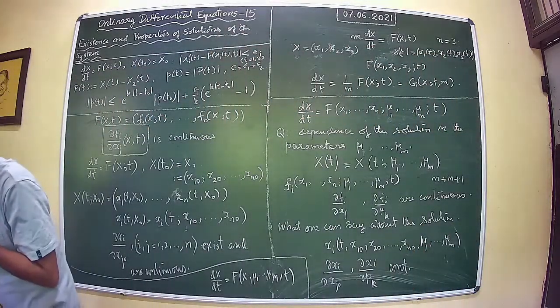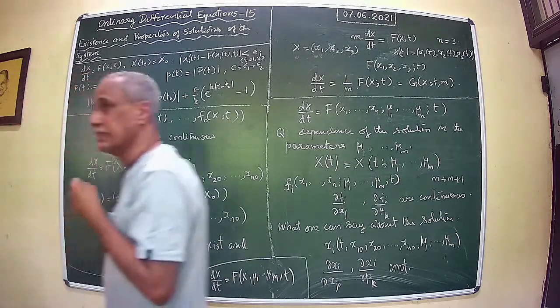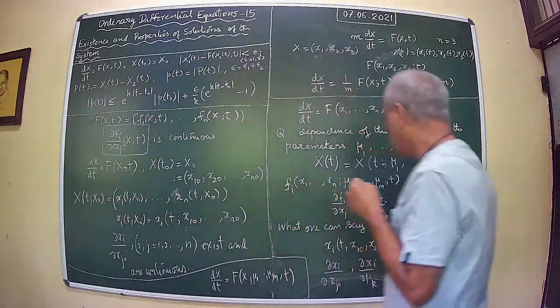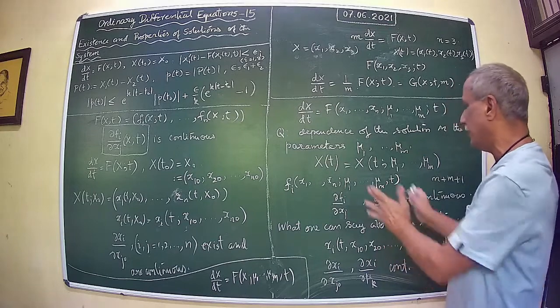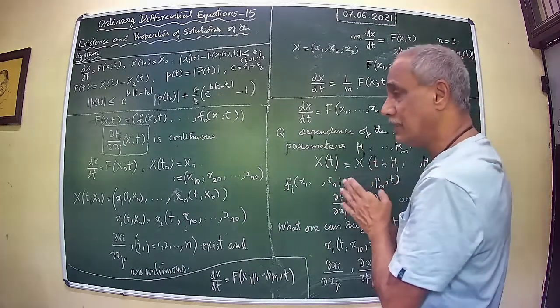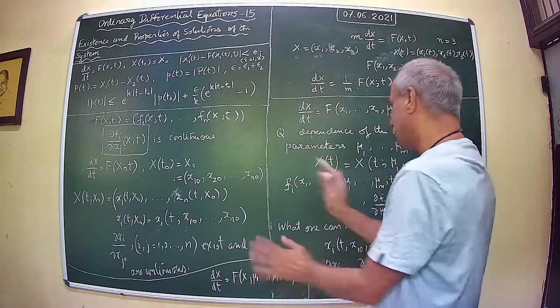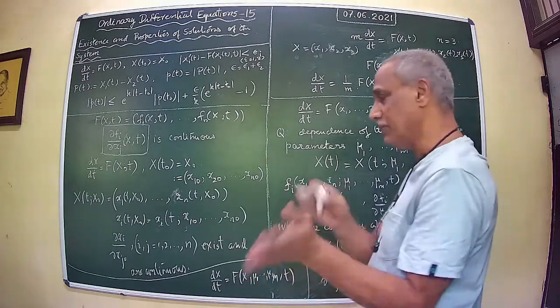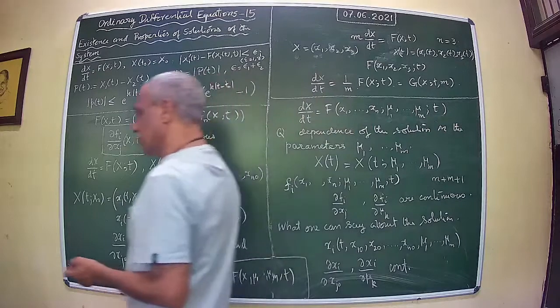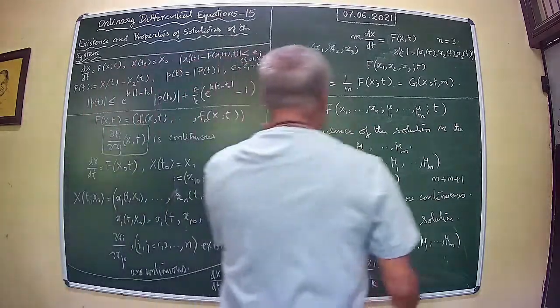What happens is this: we are going to transform this into a new system and then solve it. So unless you prove results for a system, you cannot use it, because when we were doing the one-dimensional case, what is the analogous problem?